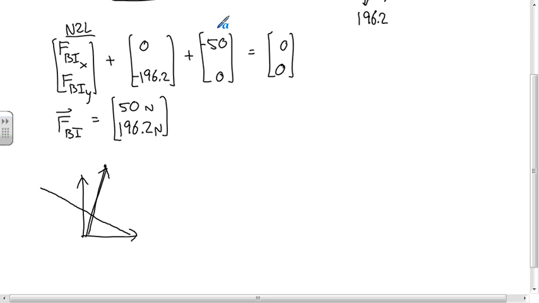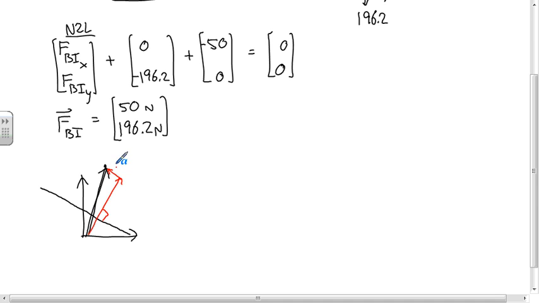And what this question is asking is for you to break this vector up into a component that's perpendicular to the incline, where this is 90 degrees, and a component that's parallel to the incline, like that, okay?